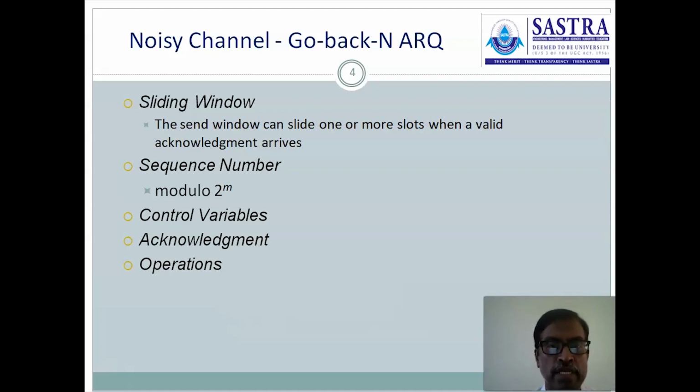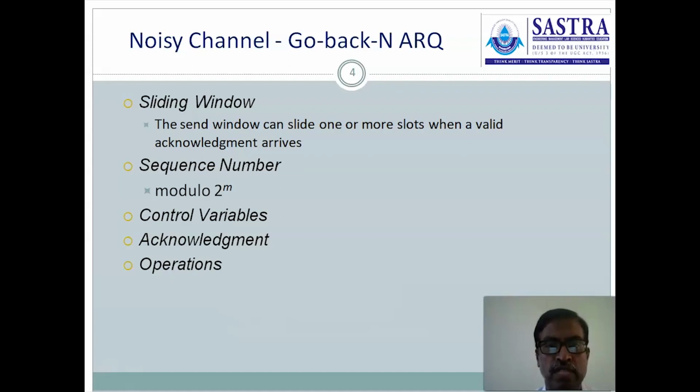Sliding window does not exist in stop and wait ARQ. This is the new concept introduced in Go-Back-N ARQ. What is meant by sliding window? A sliding window is a window which includes a certain number of frames to be transmitted, and the window slides over whenever it receives acknowledgement for certain frames.